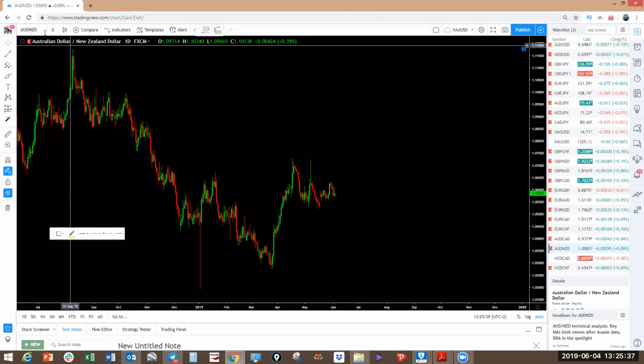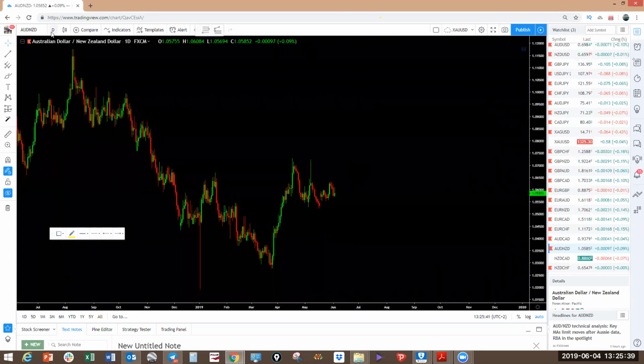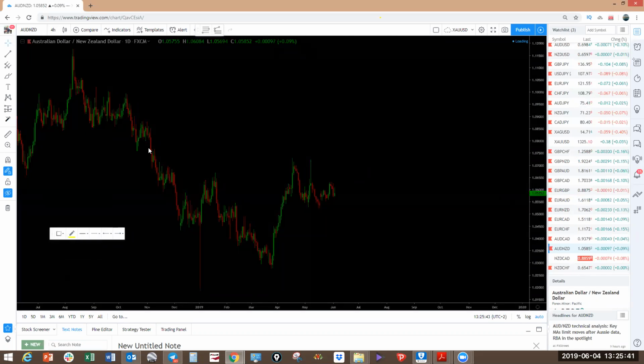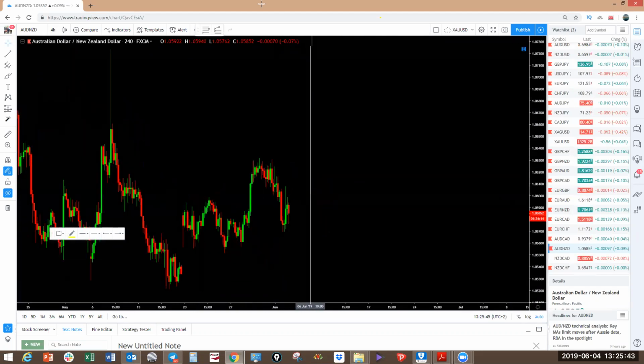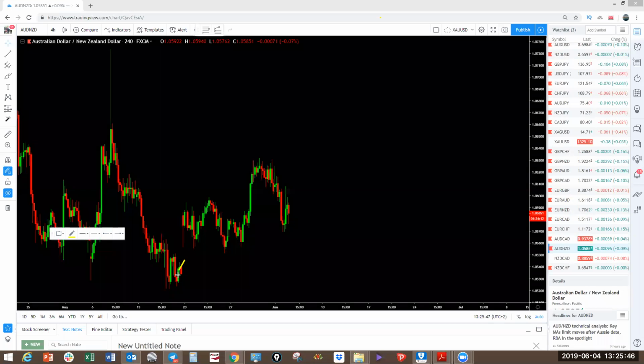Okay, let's look on the 4 hour, see if we're getting that pulse in the correction. It looks like it. You can see it on the daily as well. This is the 3-wave move that you're looking at.